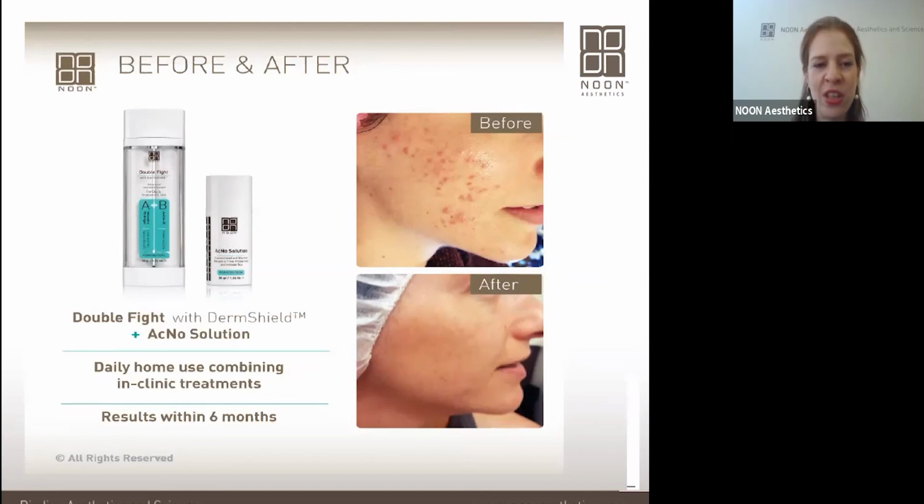At home, she got only 2 products. She got the double fight that contains the hydrogel and azelaic acid and the acne solution for the sebum secretion. And she was treated also in the clinic. And you can see by yourself the result after 6 months.